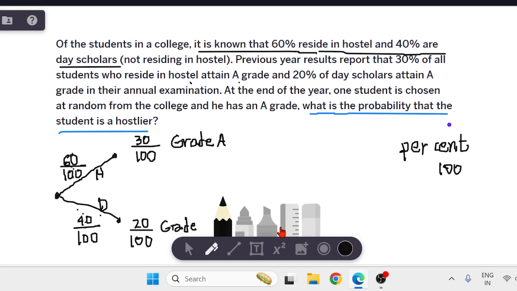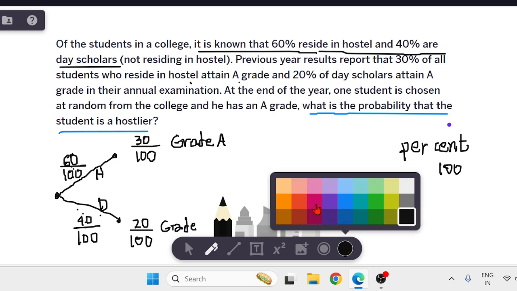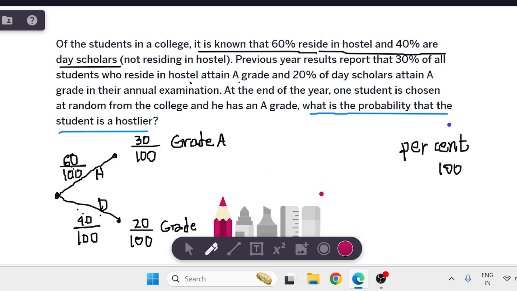Challenge still remains. Let's read it. I'll just take red color so that we find out what is the given one. So grade A or grade B comes in the second branch. So in the sentence, somewhere it will be talked about grade A or grade B. Let's deep dive into it.